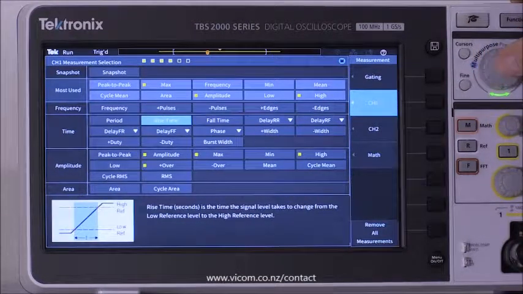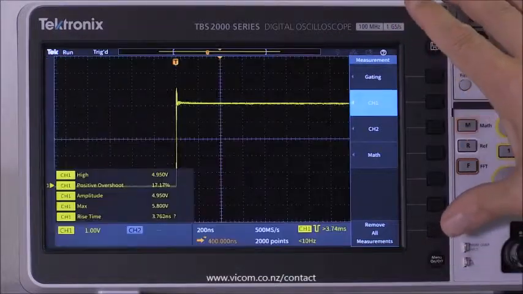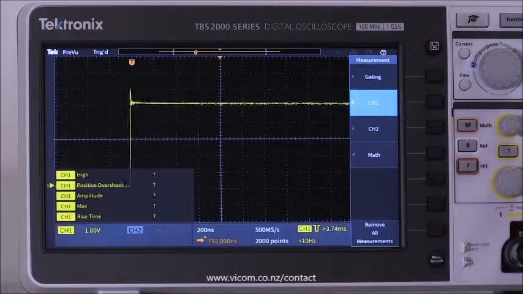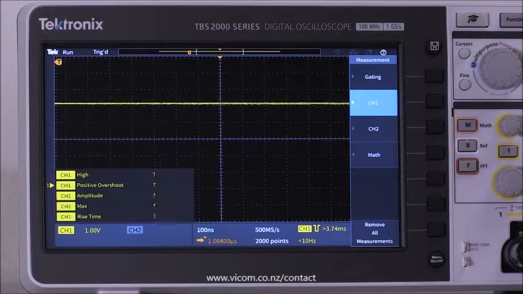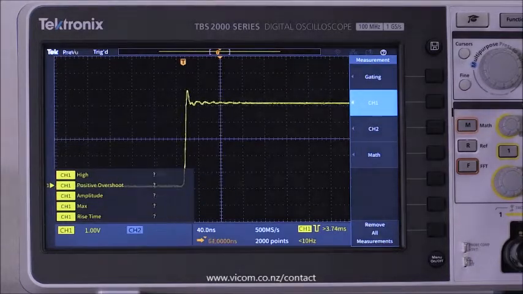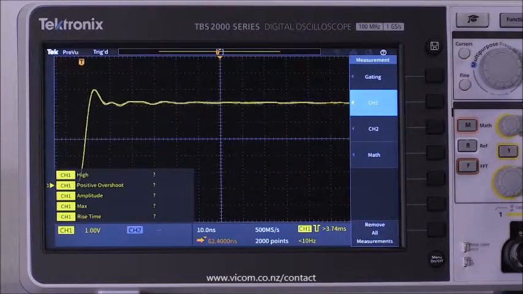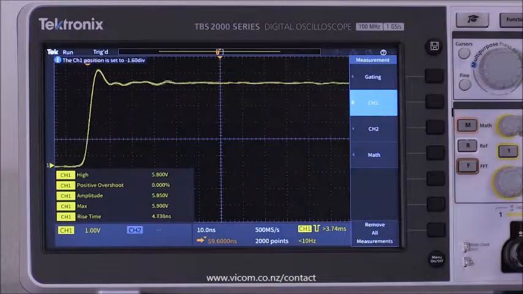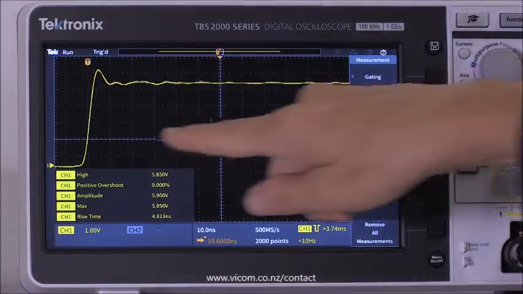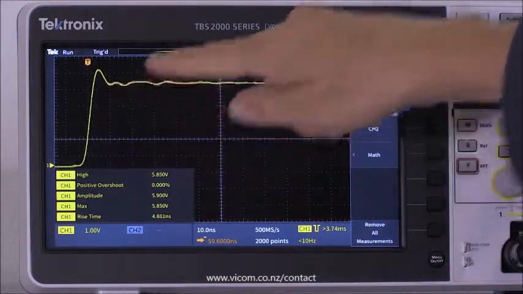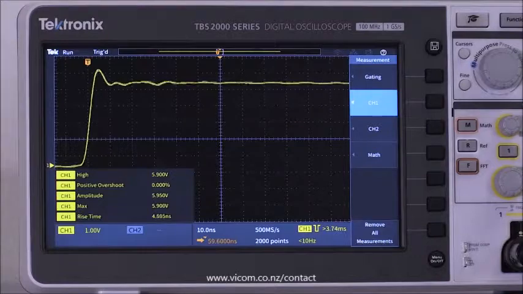I'll turn on the rise time measurement. And I'll speed it up a little bit more till we get a nice stable reading. The rise time is the time it takes to transition from 10% of amplitude to 90% of amplitude.